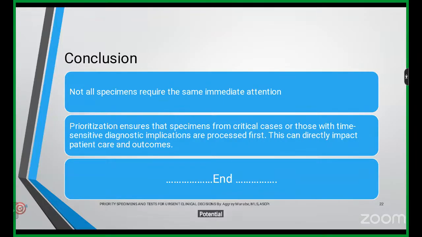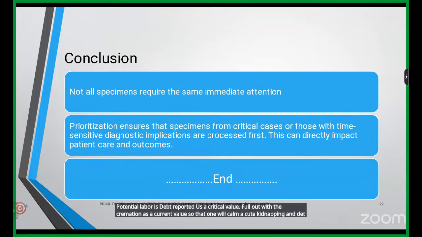If potassium level is deranged, report it as a critical value. Follow up with the clinician as a critical value. That will confirm acute kidney injury and the need for quick attention to this patient. Thank you.